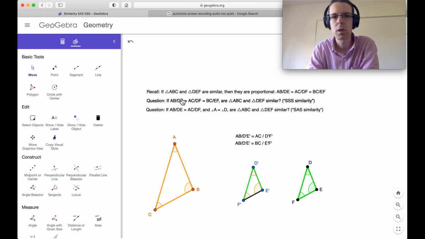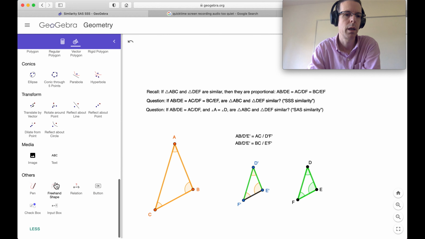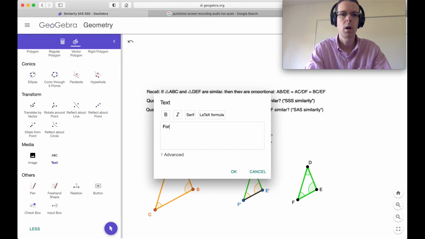So you see, these hypotheses, whether I know the full proportionality of all three sides, and therefore know that E prime F prime agrees with EF, or whether I know that angle A equals angle D, and therefore conclude that D prime equals angle D, for one reason or another, I get a congruence between the two triangles on the right. And so in either case, I'd like to record that. So for either question, we deduce that triangles DEF and D prime E prime F prime are congruent. So in one case, side, side, side, in the other, side, angle, side.